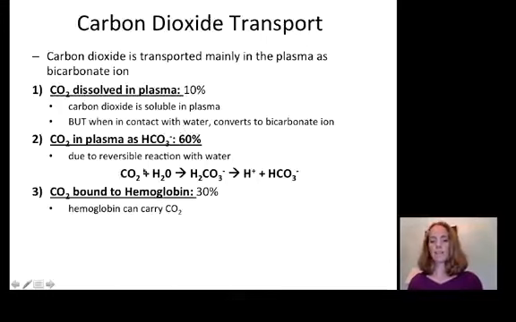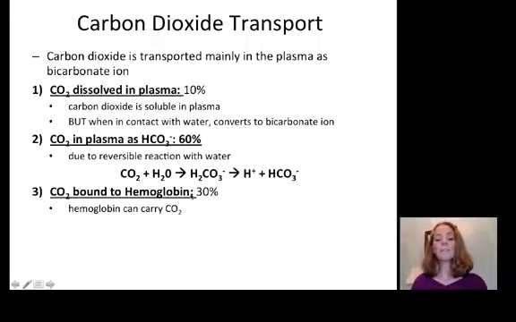So when carbon dioxide meets water and dissolves in the water, it forms carbonic acid and bicarbonate. So it does this chemical reaction. As carbon dioxide dissolves in water, it forms bicarbonate and gives off an acid.